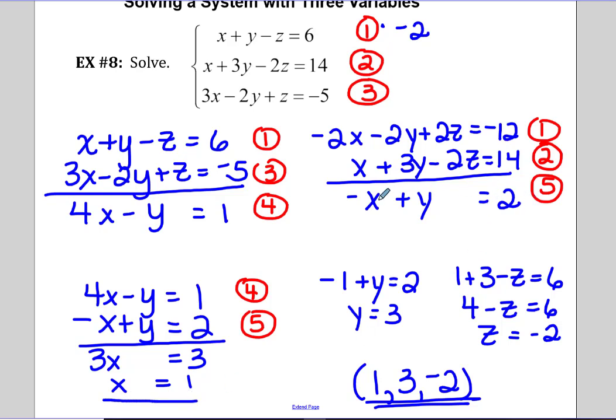I went back to equation 2 and put 1 for my x, so -1 plus y is 2 when y is 3. And then I used the 1 and the 3 and put that into equation 1 and found out z was negative 2. So that's not the only way to work it, but that's the way I worked it and got that solution for example 8.